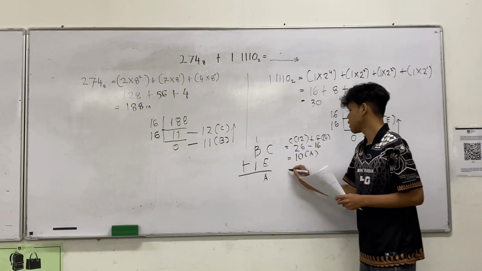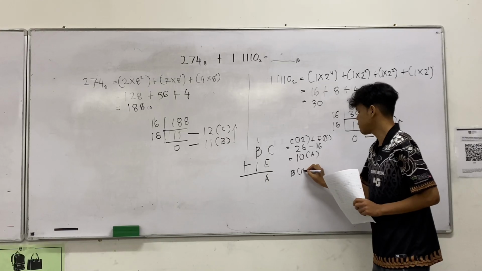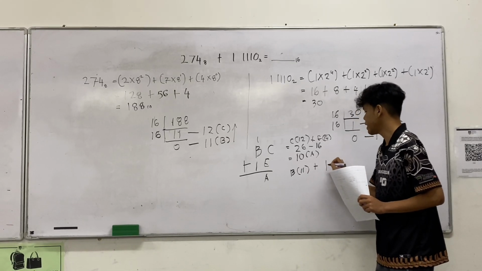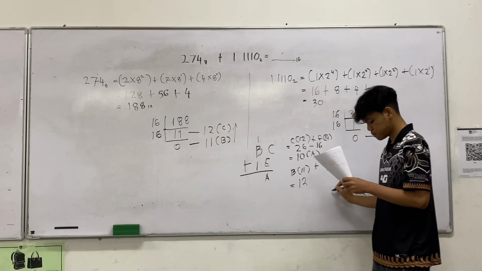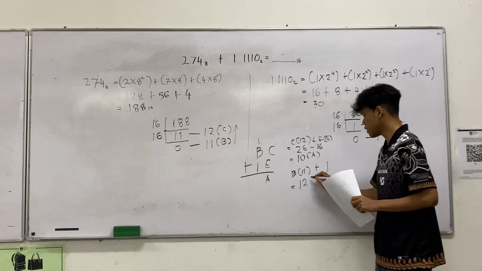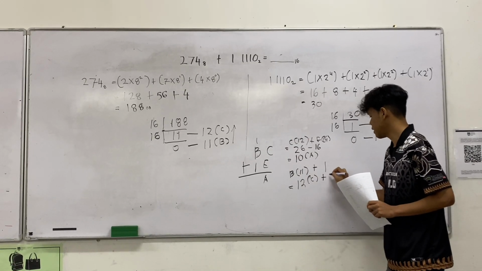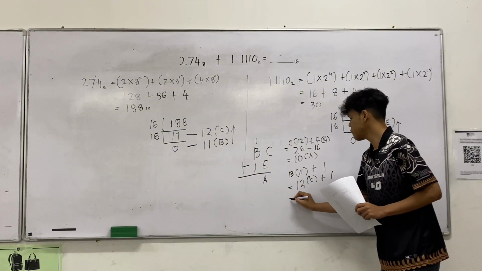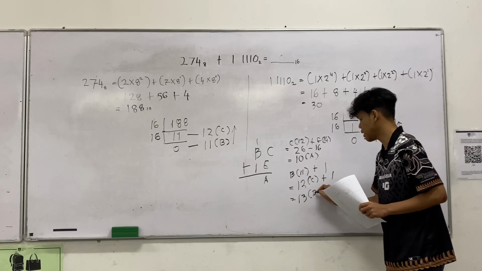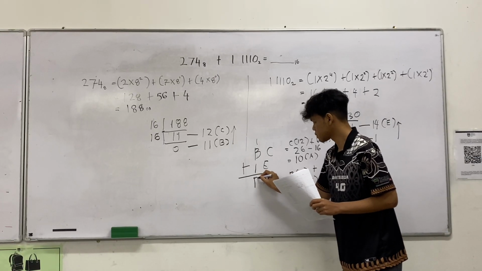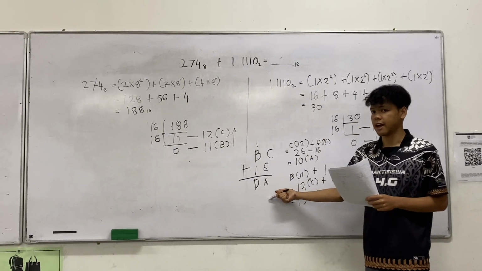So the next is B, which is 11, plus 1. So we will get 12, equal to C, plus again 1, and we will get 13, which is D. So we finally get the answer in hexadecimal.